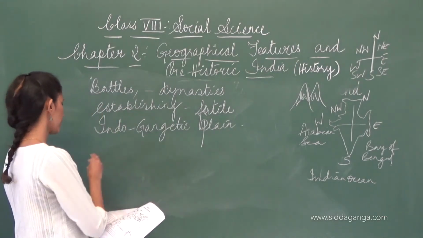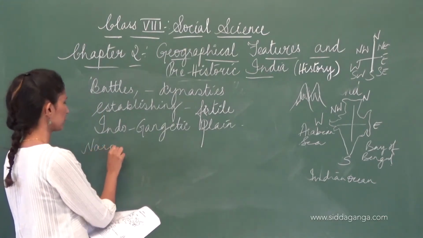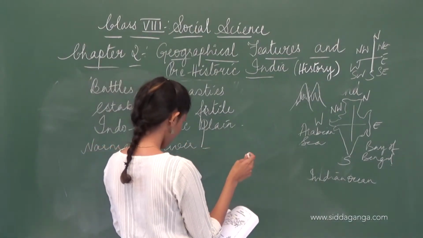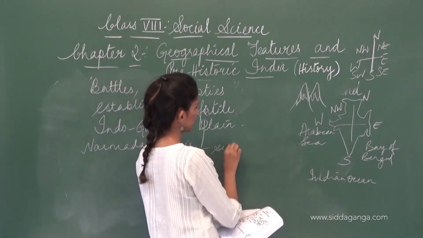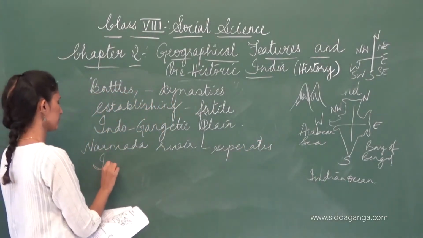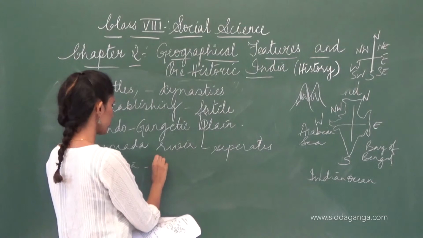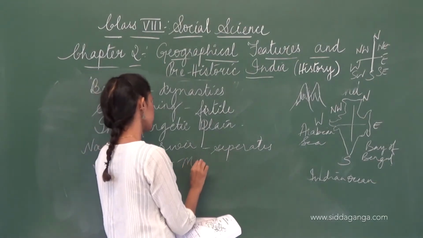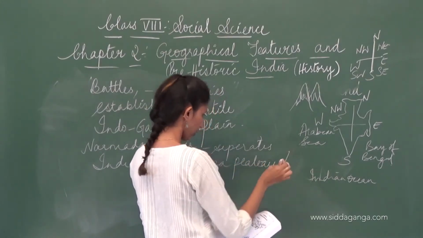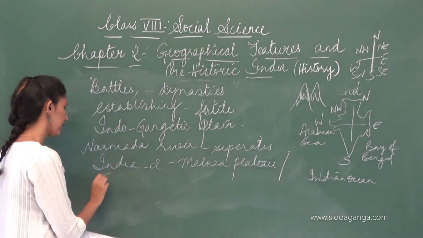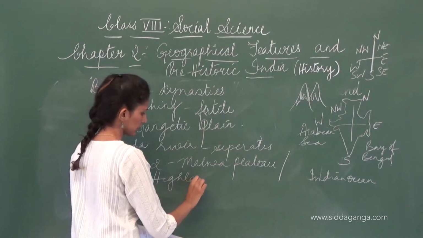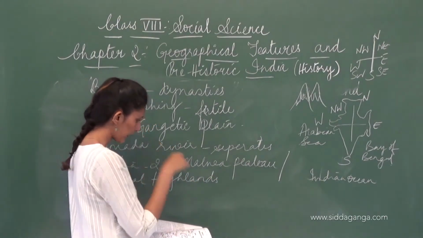Now the Narmada River that is there separates India into two, that is the Malwa Plateau, also called the Central Highlands, okay, and the Deccan Plateau.